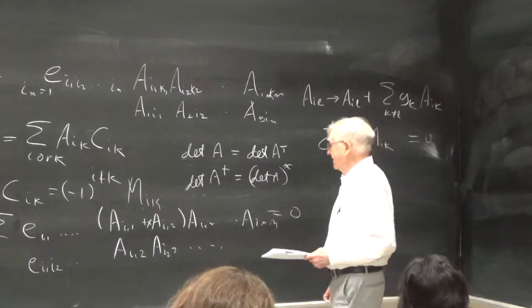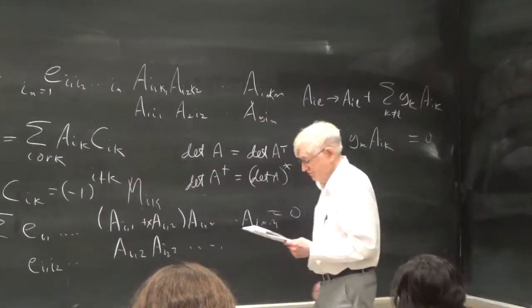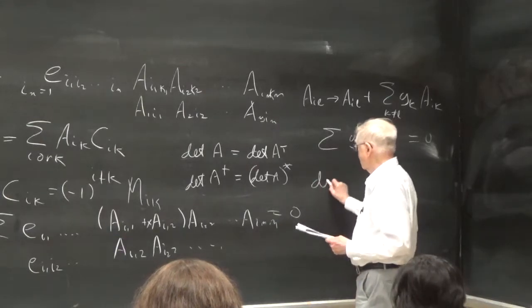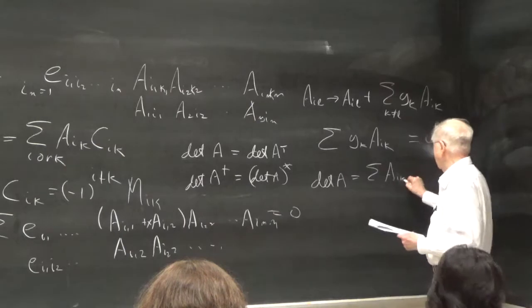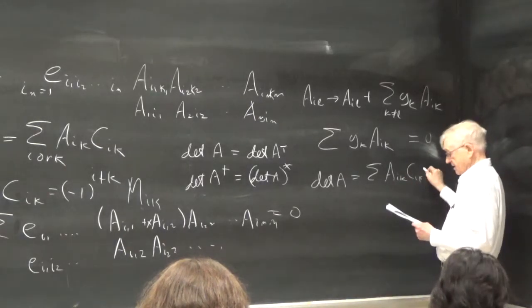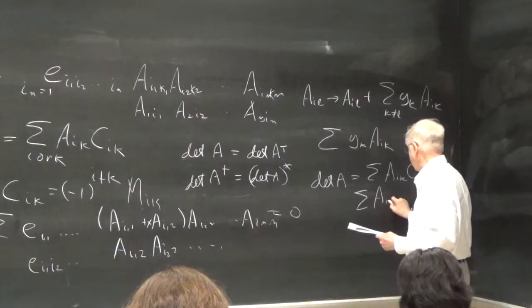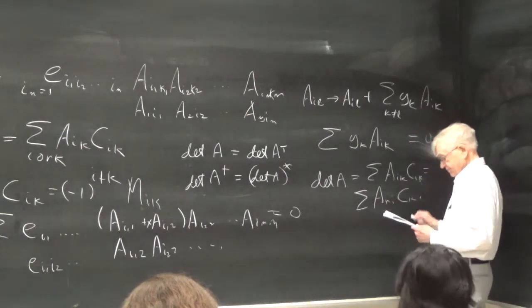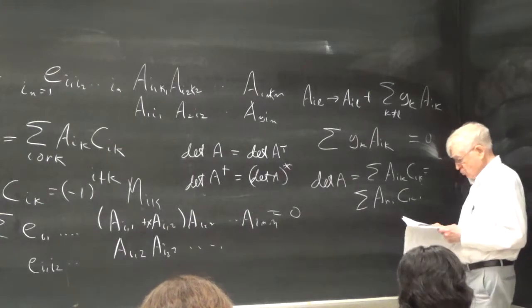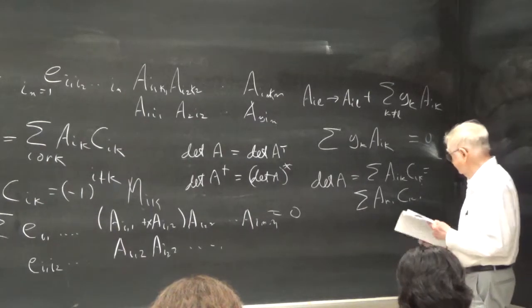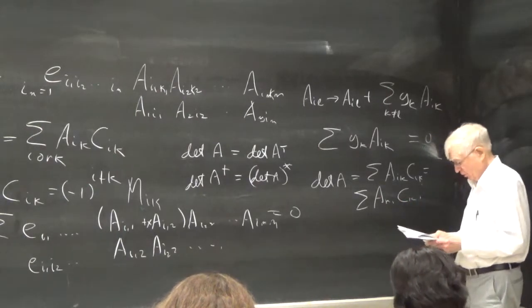Now let's go back for a moment to this expression, namely that the determinant of a matrix is a sum a_ik c_ik, or a sum a_ki c_ki, sum over i or k, either one works.